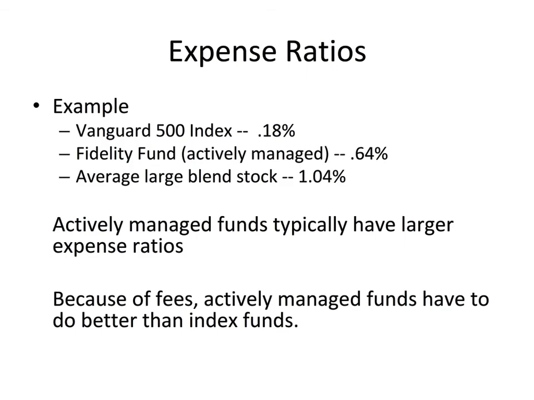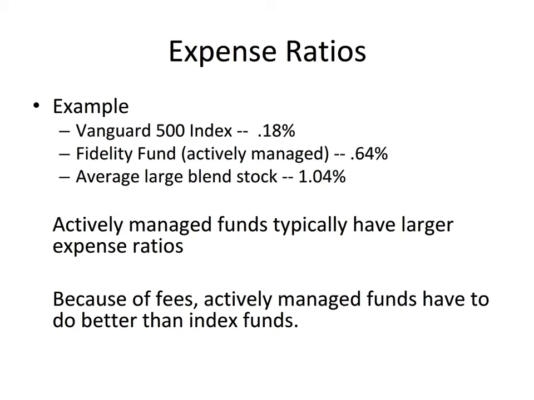Fees will vary from fund to fund, and here's an example of three fees. The Vanguard 500 Index, which we showed in the previous slide, which is a passive fund, has a 0.18% fee. A Fidelity fund, which is actively managed and is one of the oldest funds and at one time was an influential fund, had a 0.64% operating expense.